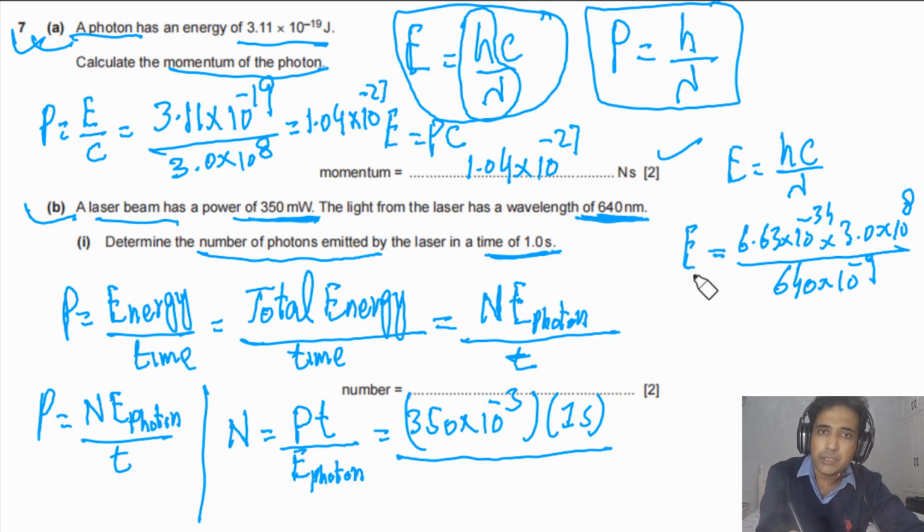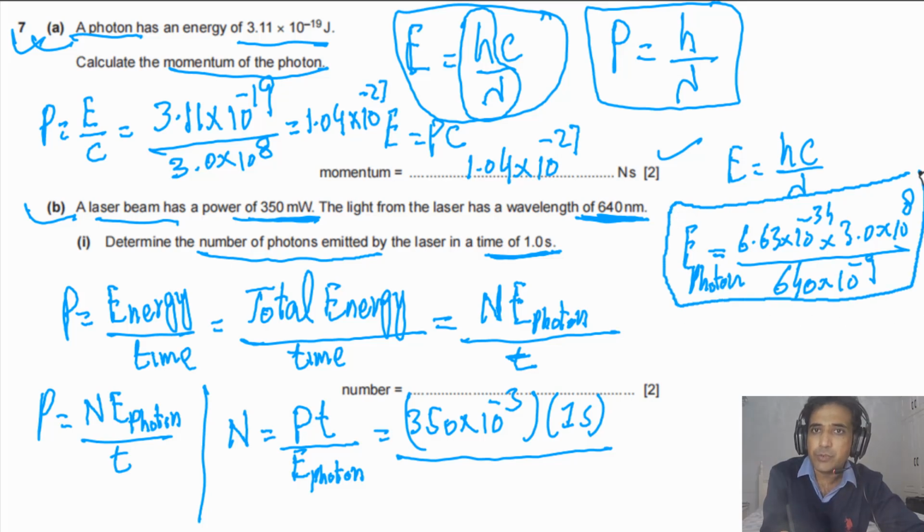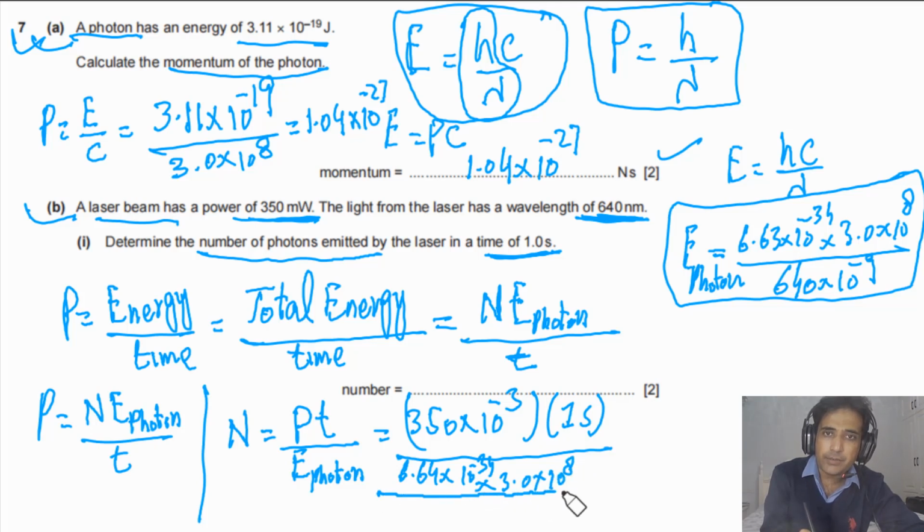So this is the energy of the photon. And this value simply we need to plug in here now. So you can copy these values here, 6.63 times 10 to minus 34 multiplied by 3.0 times 10 to 8, and this is divided by 640 times 10 to minus 9.